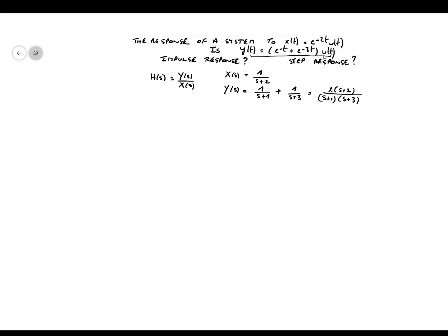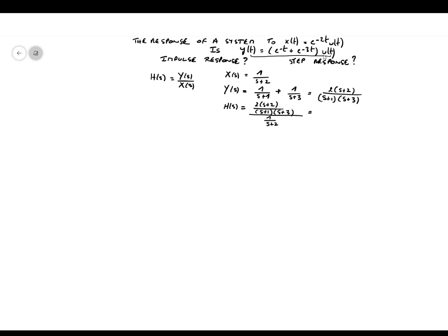Okay, so h of s will be 2 over s plus 2, s plus 1, s plus 3, that's y of s divided by 1 over s plus 2.